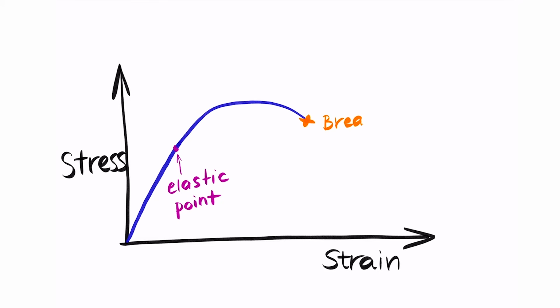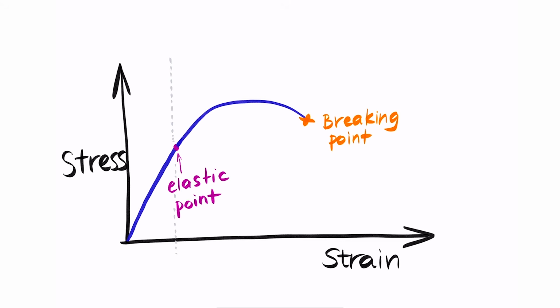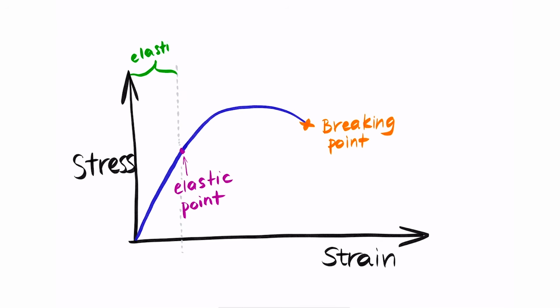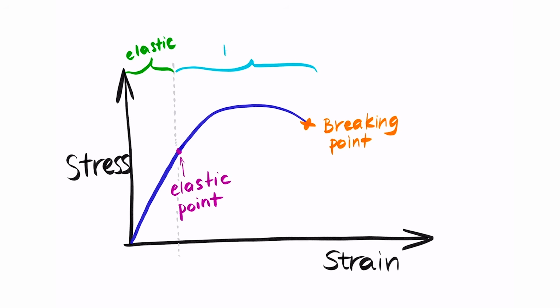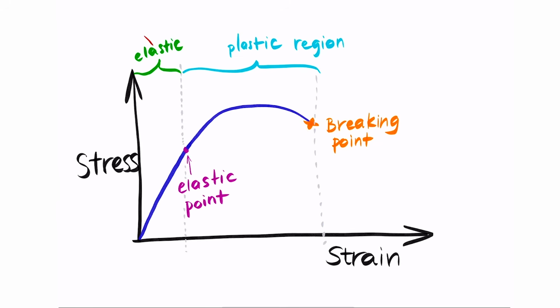Meaning, even if we stop stretching the object, it still won't go back to its original shape. We have changed the object's shape forever. Now, if we keep pulling and stretching the object, what do you think will happen?